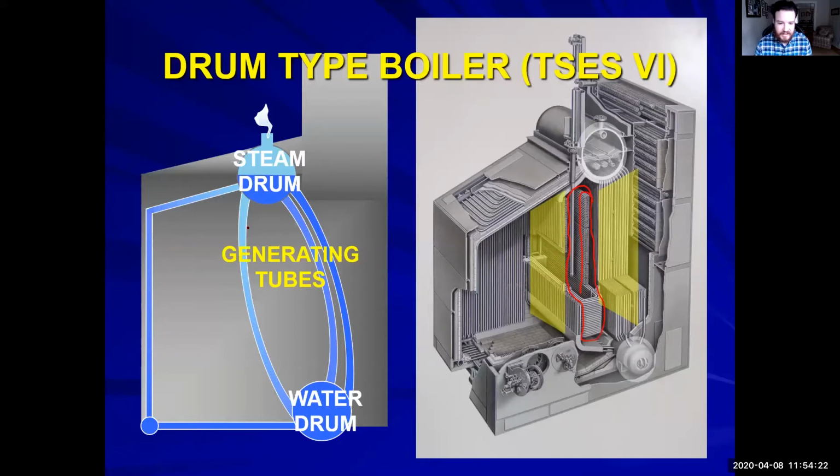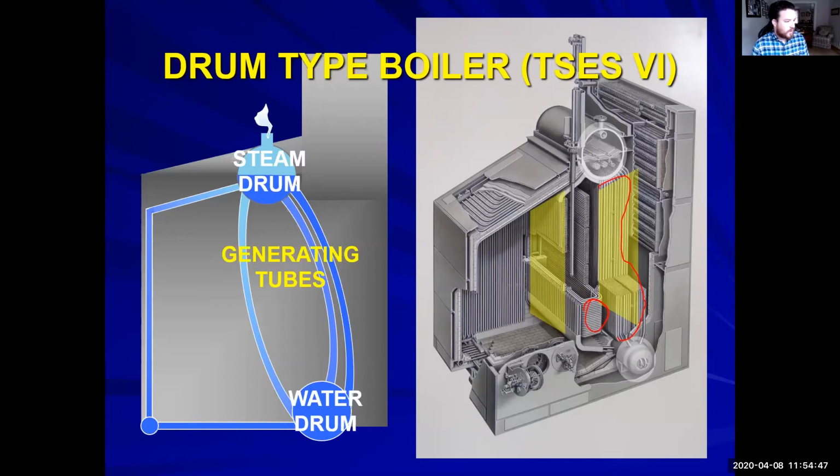They are sitting in between your generating tubes and your water drum. You have generating tubes on the other side of it. We're going to go over in a second what they are, but just know that your generating tubes are on the outsides of these tubes, okay?